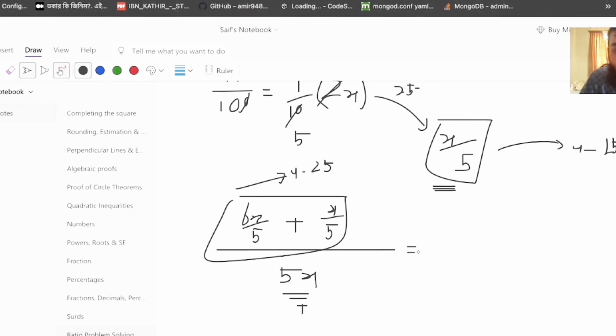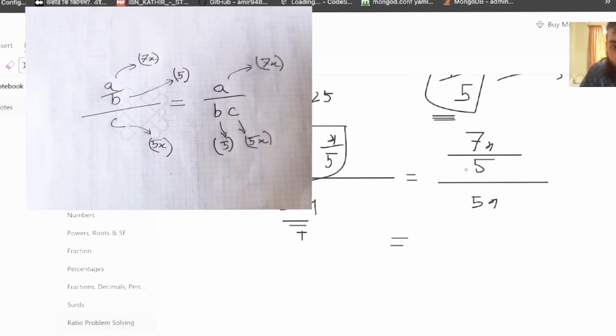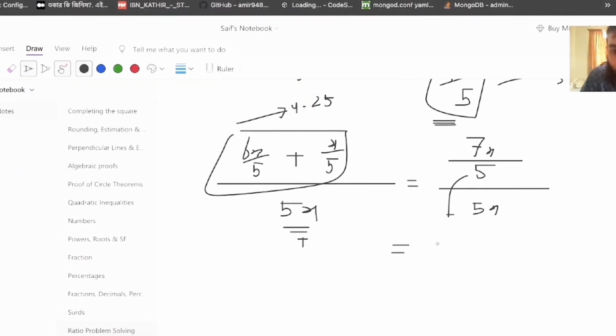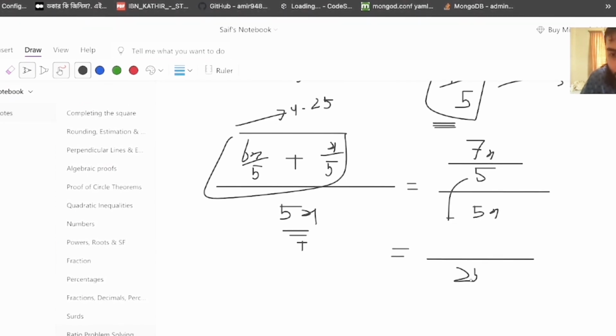So what is the ratio? If I simplify this, in the denominator there is 5x, and here is 6x plus x, which is 7x by 5. So we can also write this as, if I take the 5 down here, 5 multiplied by 5 is 25x, and this is 7x.